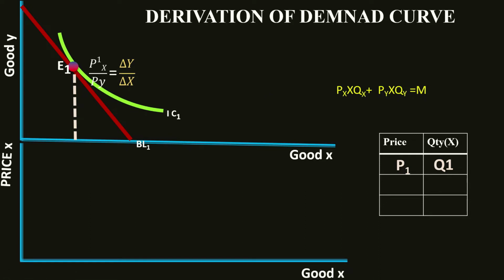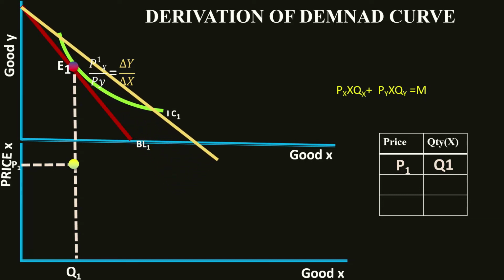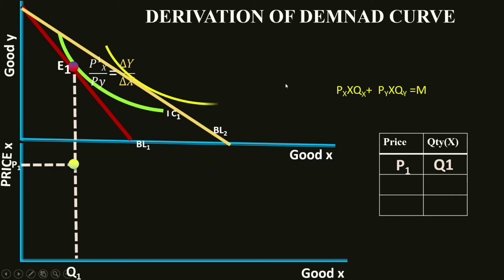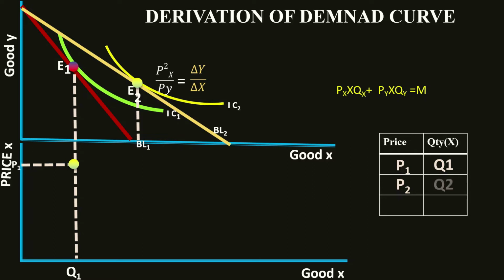This line shows the demand curve. Here we can see the price of x and the corresponding quantity demanded. Again, when the price of the commodity decreases, it will shift the budget line of the consumer to BL2. Here we get the second price and the corresponding quantity demanded at that price, which we can show in the second graph.